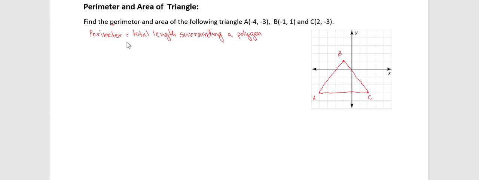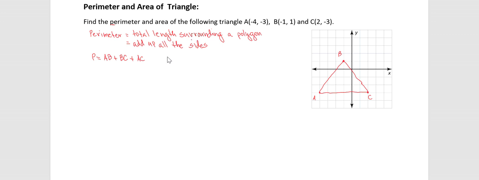That means you need to add up all the sides. So the perimeter should be equal to the length of line segment AB plus the length of line segment BC plus the length of line segment AC.